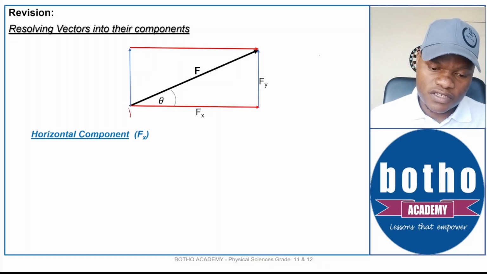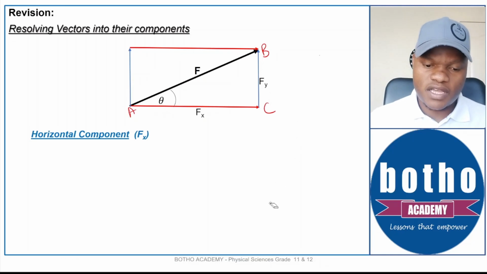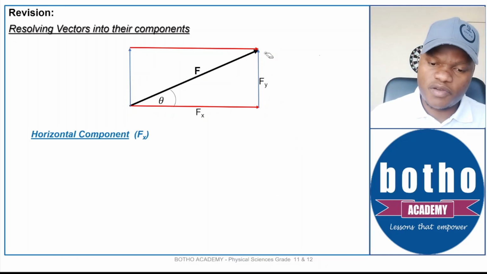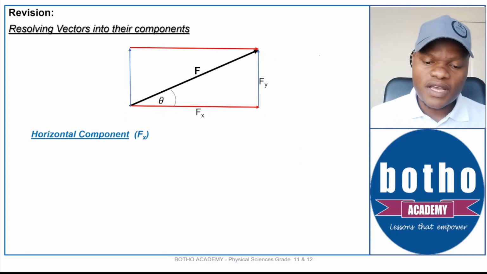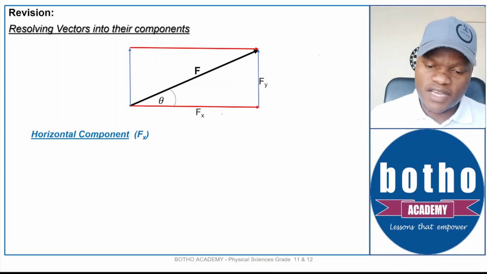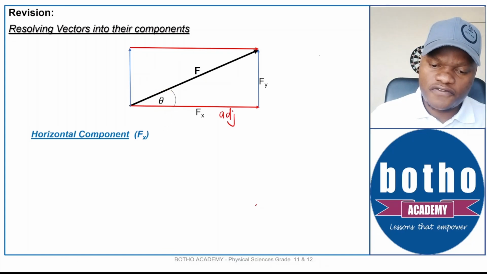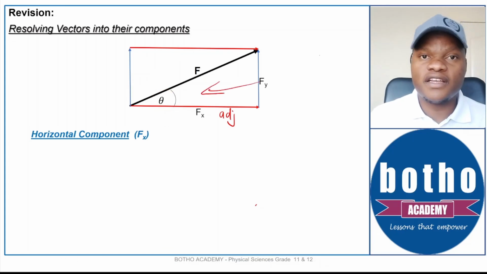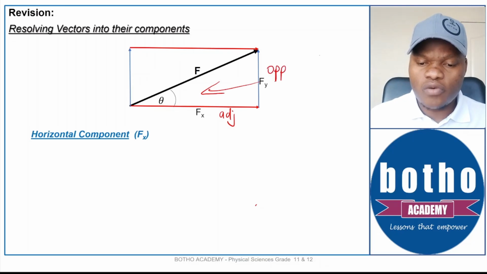Okay, let's assume this would be your triangle, let's say triangle ABC. So I want you to focus on triangle ABC. All right, just remember that. Now if you're focusing on this triangle ABC, you would realize that this is the side that is adjacent to this angle. Okay, so that is your adjacent side, and this side is the side that is facing the angle, and the side that is facing the angle is referred to as the opposite side.